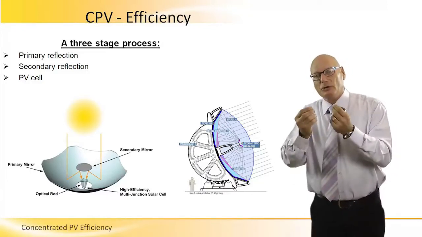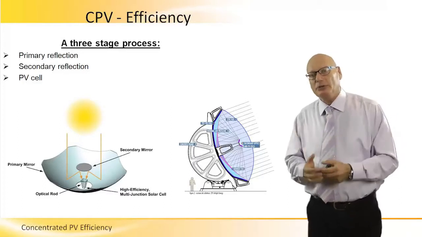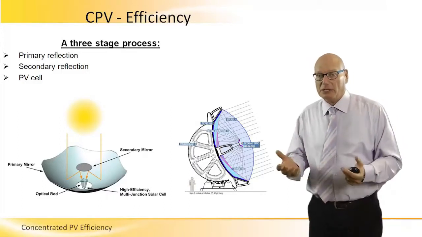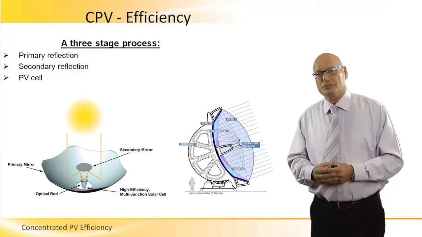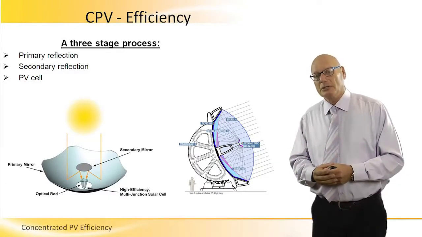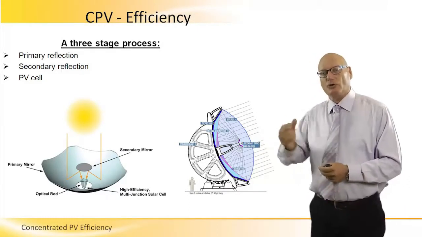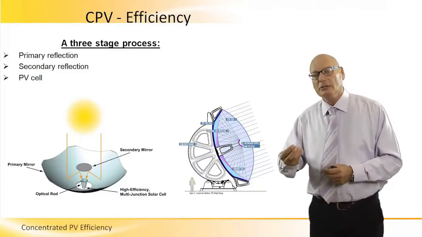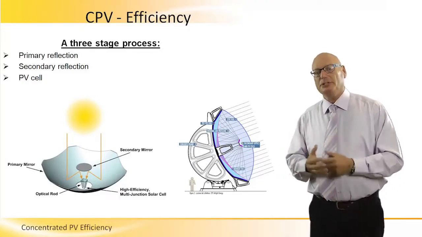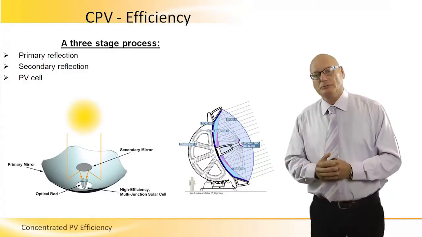More metal, it will get hotter. And again, higher temperature, bigger losses. The idea is to have a thin layer of mirror on the dish, not to let heat be generated. So the primary reflection is the number one loss.